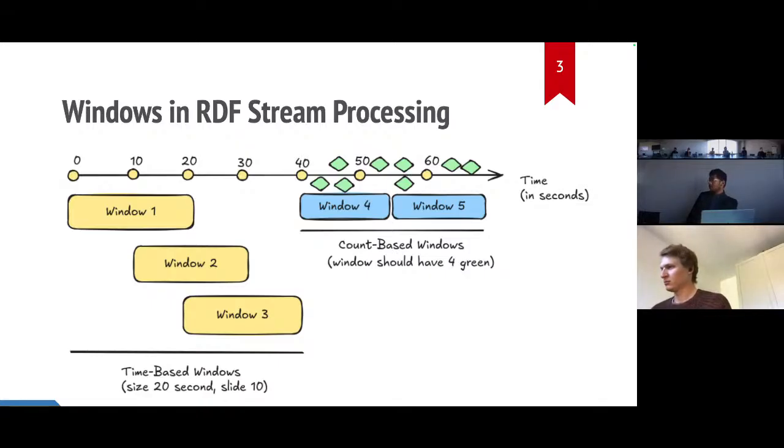For the time-based window, you can define that the size should be 20 seconds, and after the 20 seconds have passed, that exact chunk is evaluated. For count-based windows, you can define that if a particular window sees 4 green values, then that window is evaluated.